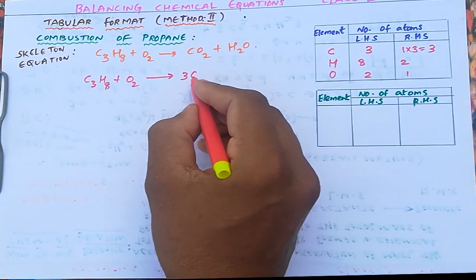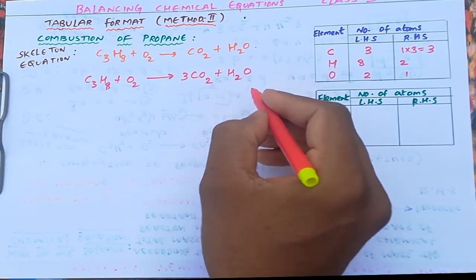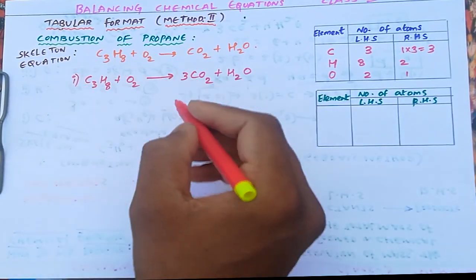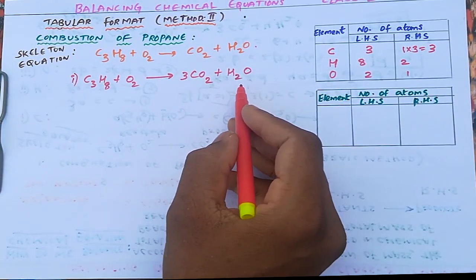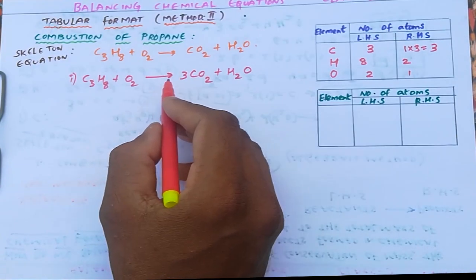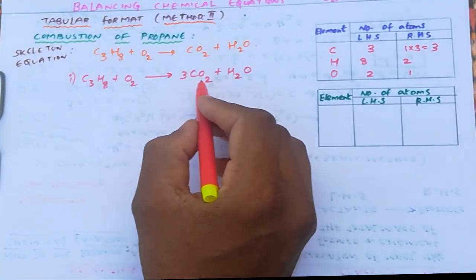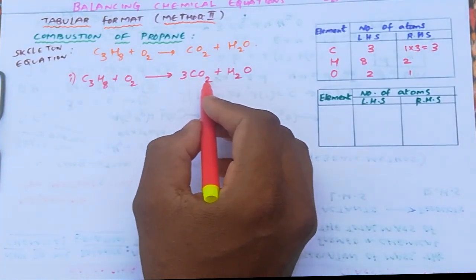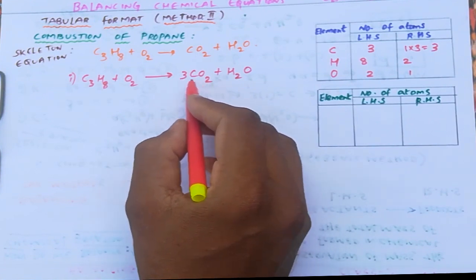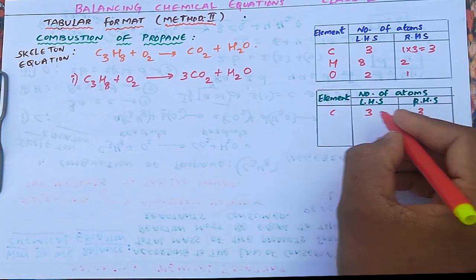Why? Because I multiplied with 3. So 3CO2 plus H2O. First step. After writing 3 here, carbon is balanced. We can observe clearly. But here oxygen is disturbed. So the number of oxygen atoms on the RHS will become 6 plus 1. So carbon is balanced, 3 and 3.